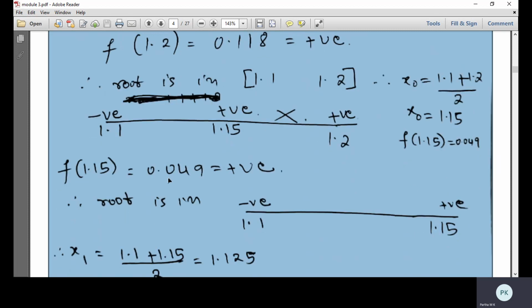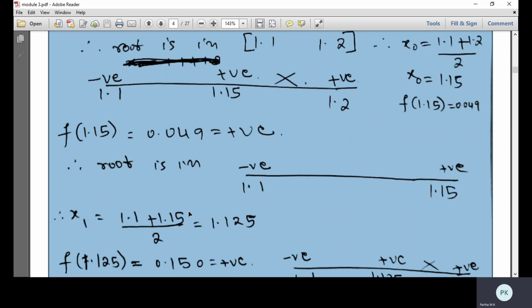So, the next root is, observe, (1.1 plus 1.15) divided by 2. Remember, the root will be here. (1.1 plus 1.15) divided by 2. What is that value? 1.125. Remember this one, 1.1, 1.15.